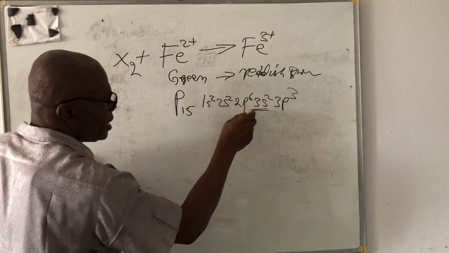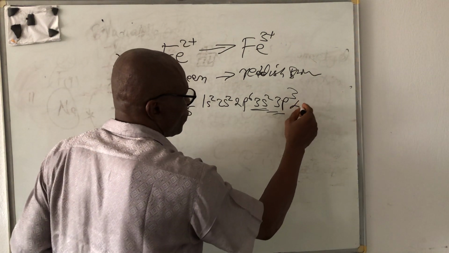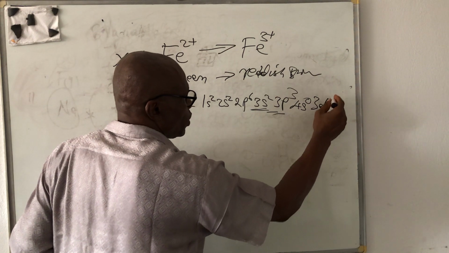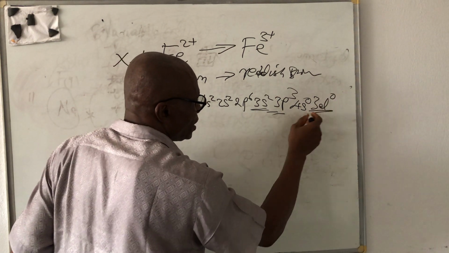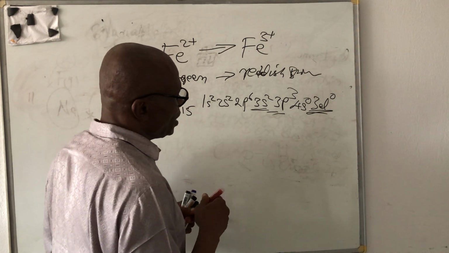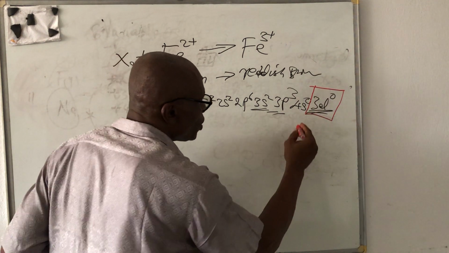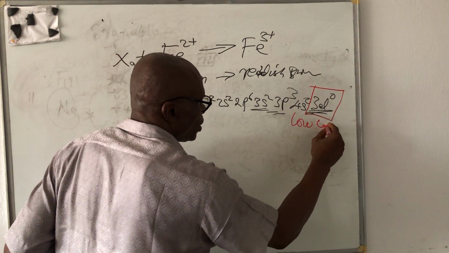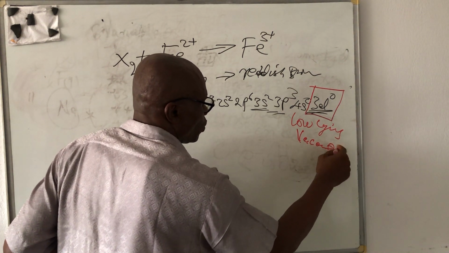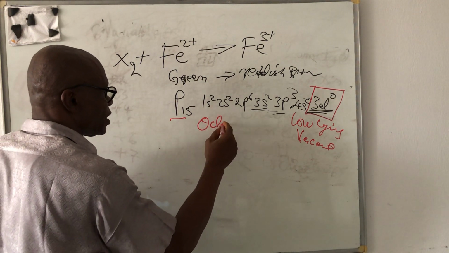The 4s will be 0, the 3d will be 0. The 3d, which is low lying and vacant, will predispose phosphorus to octet expansion.